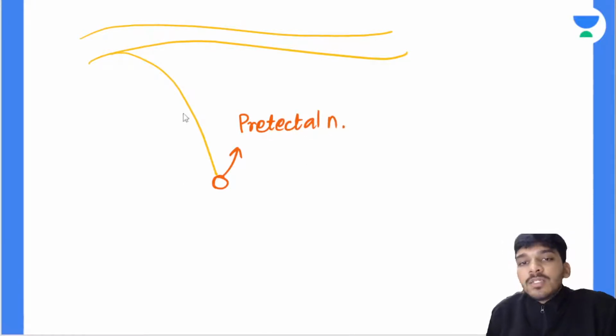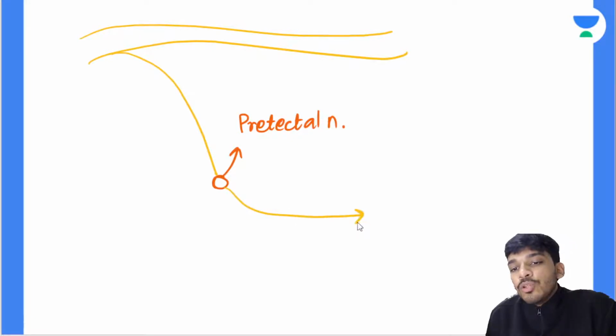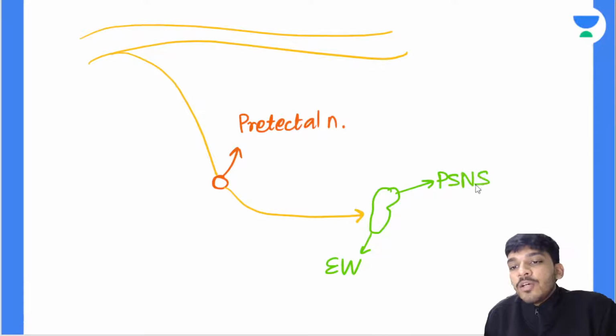What the pretectal nucleus does is it communicates the information about light to the Edinger-Westphal nucleus. Remember, it gives parasympathetic nervous system fibers, PSNS, so it causes constriction of the pupil.